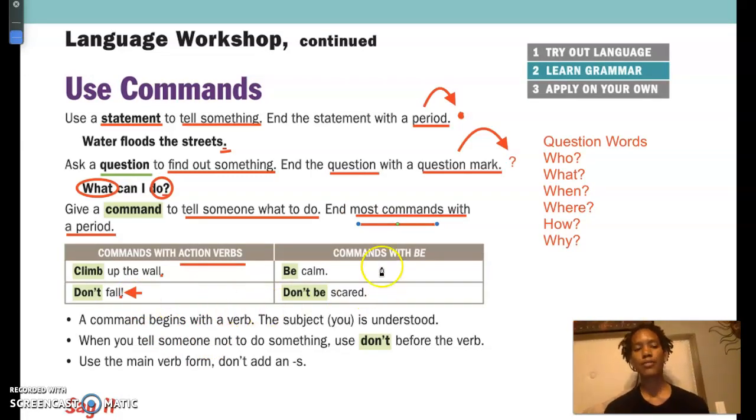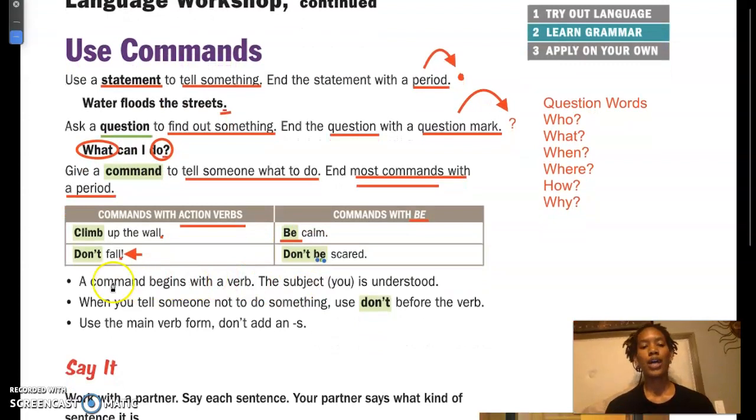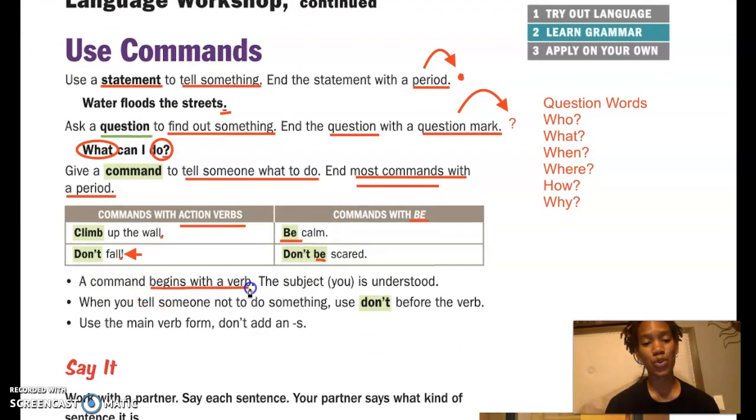All right. Now, commands with be. Our examples, be calm, right? Or the second one, don't be scared. Okay, don't be afraid. It's okay, I'm here. All right, so we have our commands with action verbs and we have our commands with be. Now, our commands with action verbs do not have the verb be in them, okay? Only commands with be have the verb be. All right, so a command begins with a verb. Climb, don't.